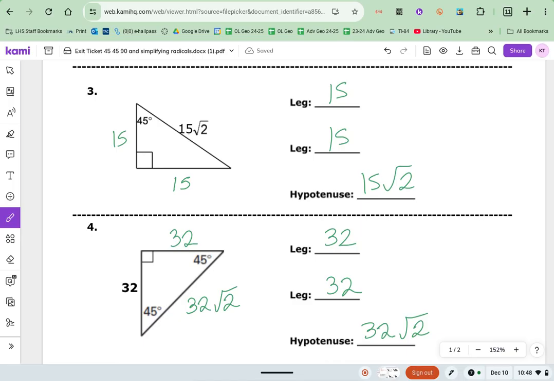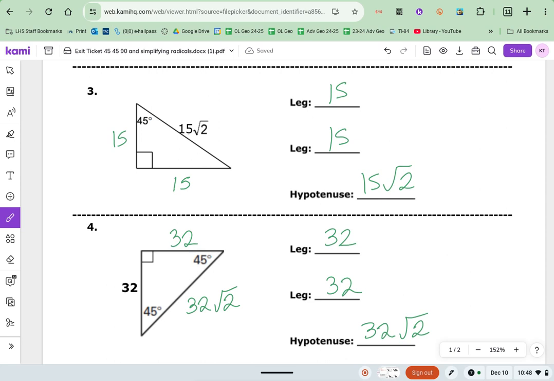Sure. Okay, so the basics is what you have right here. In these 45, 45, 90 triangles, these two legs are the same, so we represent them with x's. And the hypotenuse is whatever the length of this is times the square root of 2, so we write that as x times the square root of 2. Like on this problem, we're given a leg, and this is on the x side, so that means that x is 17. So this x is 17, this x is 17.